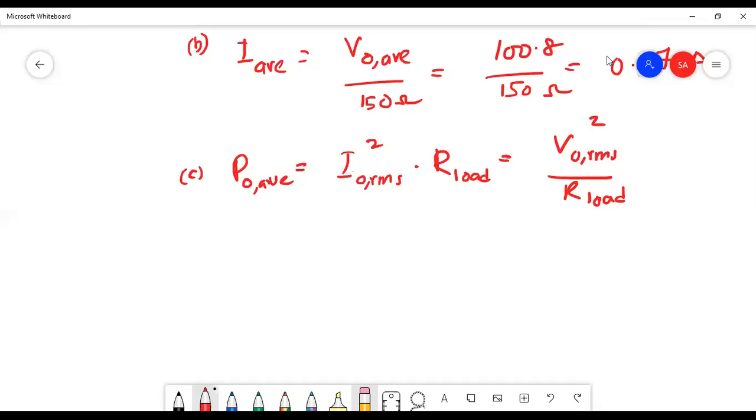I am using this third equation because it is much easier.